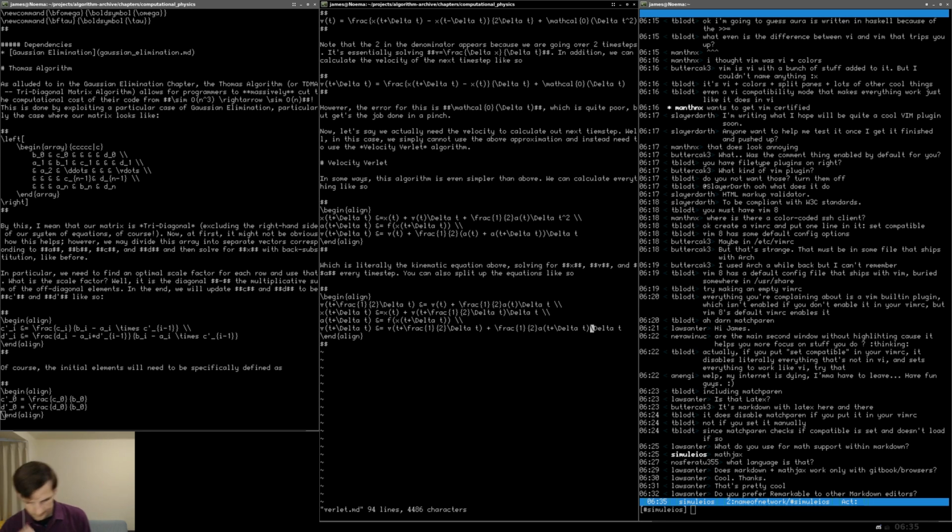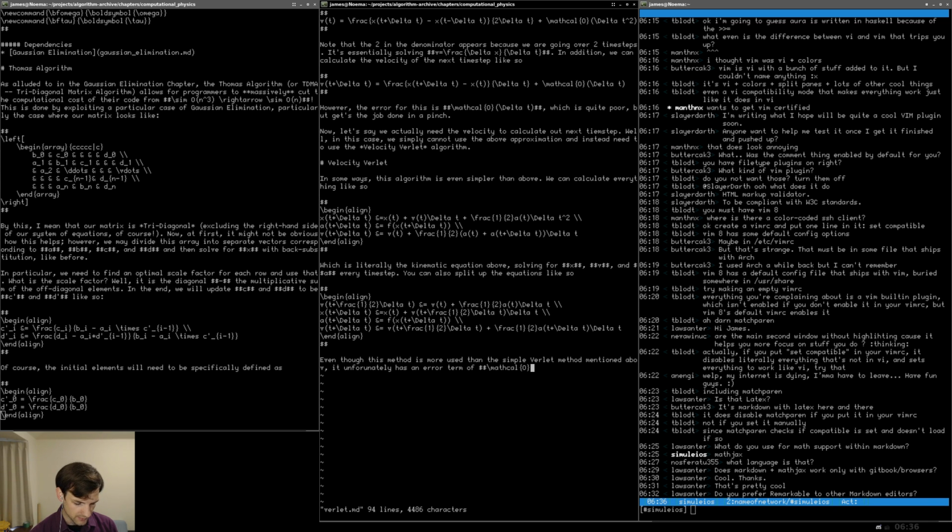There. Okay. Now we're going to pop down here and say, even though this method is more used than the simple Verlet method mentioned above, it unfortunately has an error term of, and let's just go ahead and put this in here, math cal O. That was not what I wanted.